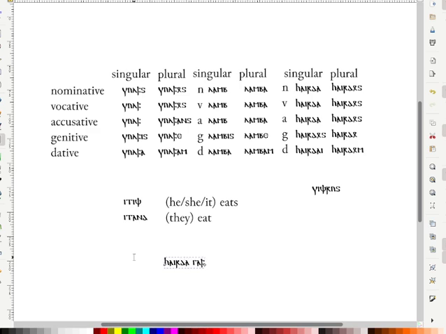Let's say hairda wolfa lamba gaf. The herd gave to the wolf sheep. Why the herd would do this, I don't know, but they're giving sheep to the wolf.